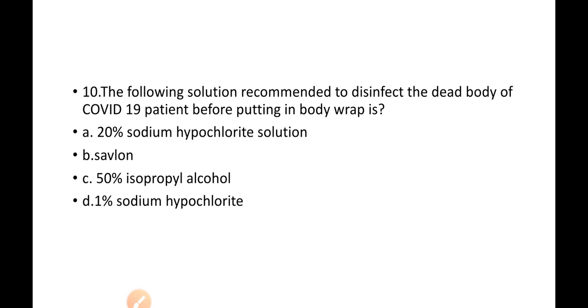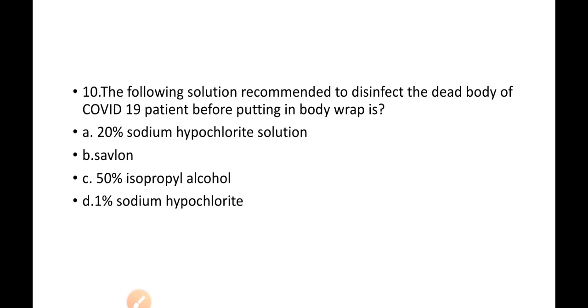So next, question number 10, the last question. The following solution is recommended to disinfect the dead body of a COVID-19 patient before putting it in a body wrap: option A, 20% sodium hypochlorite solution, option B, Savlon, option C, 50% isopropyl alcohol, option D, 1% sodium hypochlorite. Numerous deaths have been reported due to this pandemic.